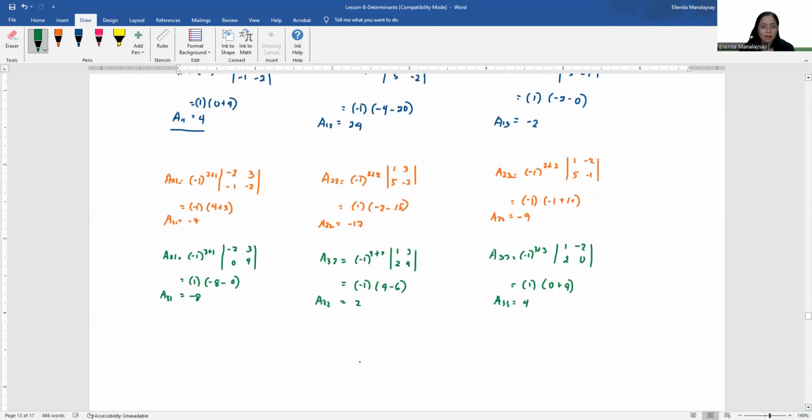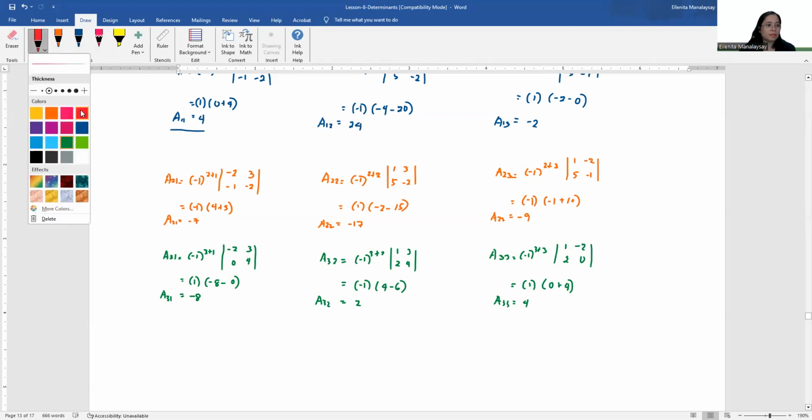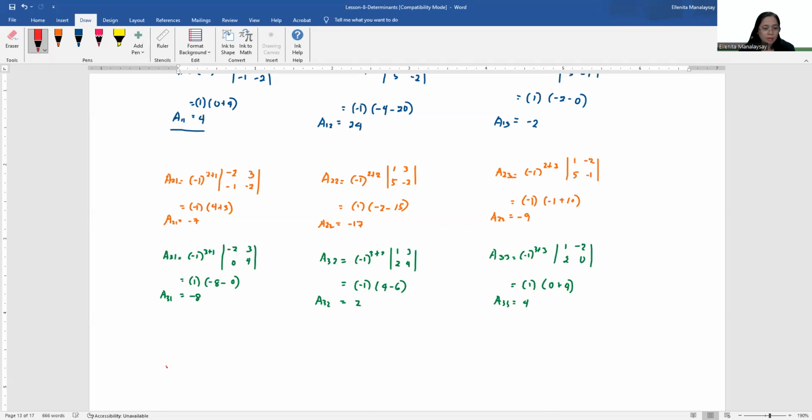Then afterwards, if we will get the adjoint of this matrix, let me use another pen, another color.